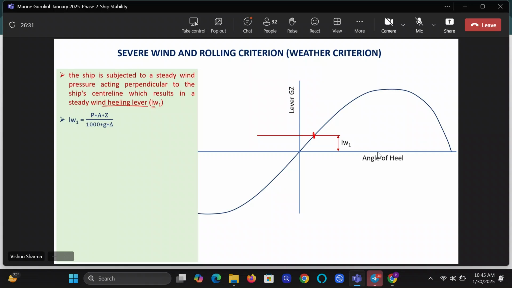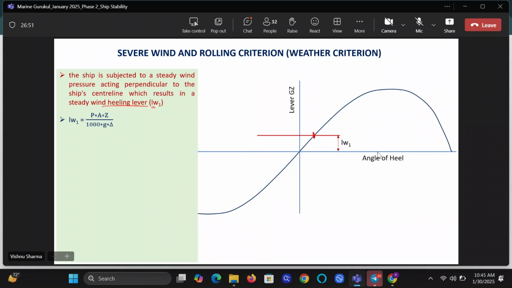Now, guys, how do you calculate LW1? LW1 will be calculated by this formula: P times A times Z divided by 1000 times acceleration due to gravity and the displacement of the ship. What is P here?